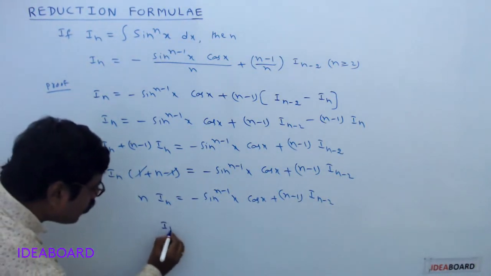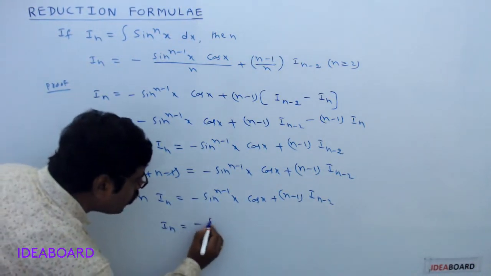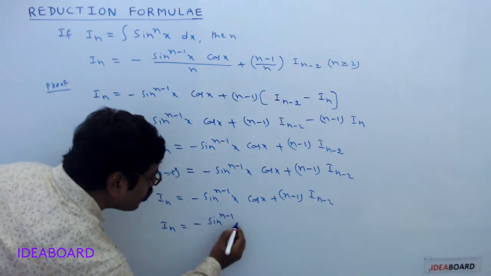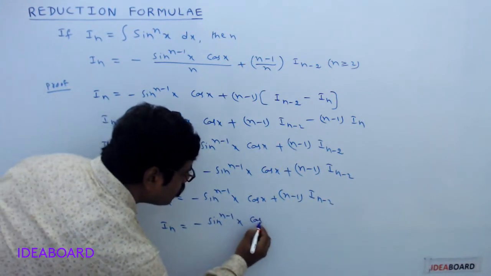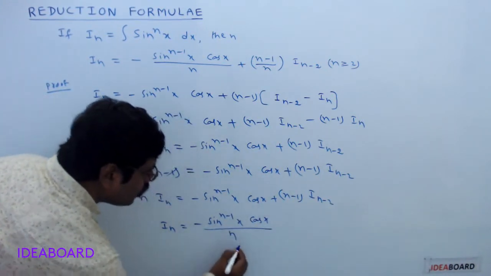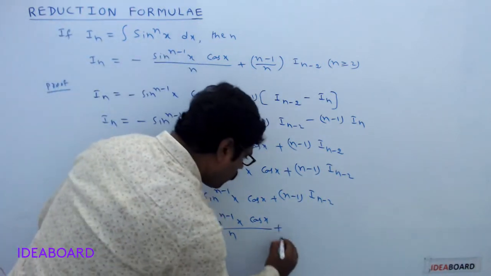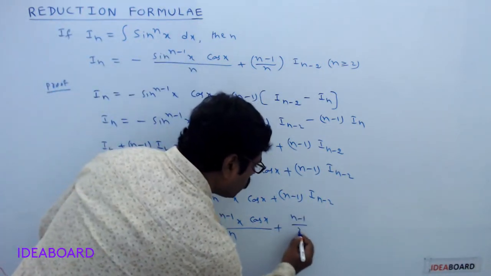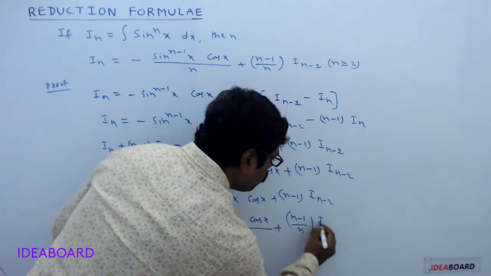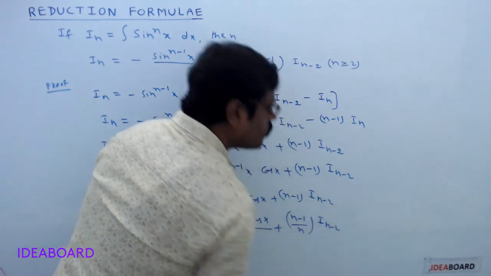So therefore I_n equals minus sin^(n-1)x into cos x divided by n plus (n-1) divided by n into I_(n-2).